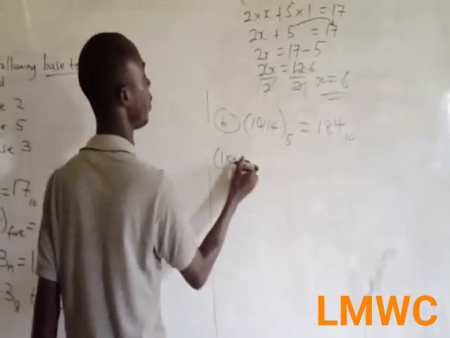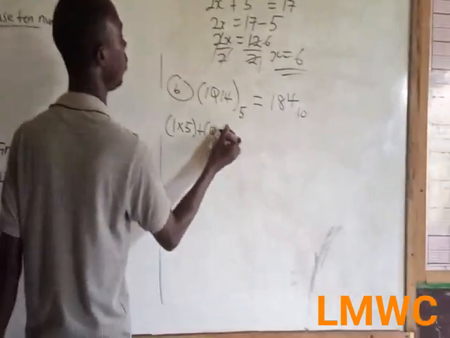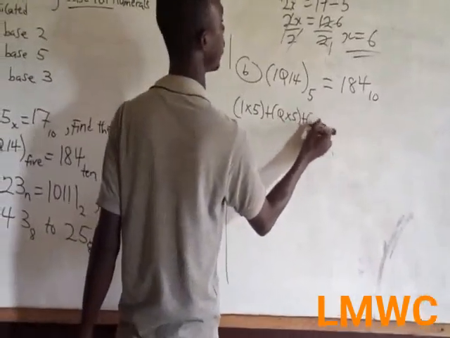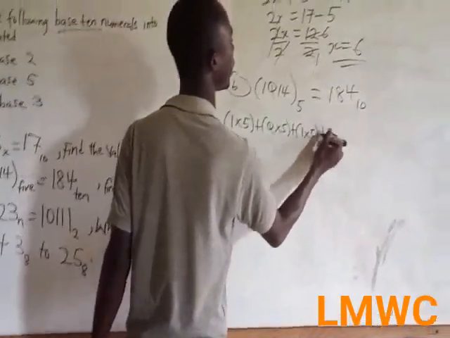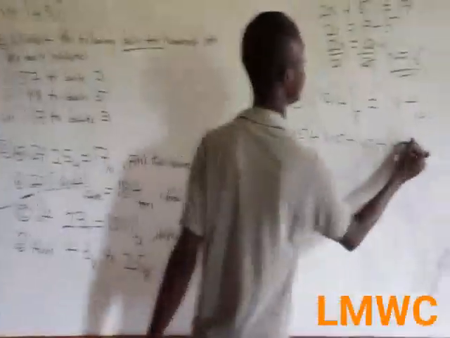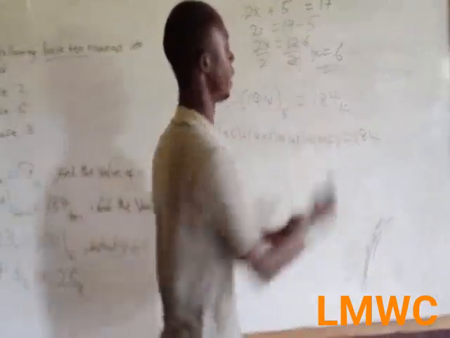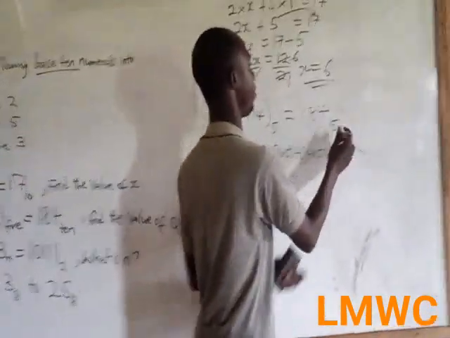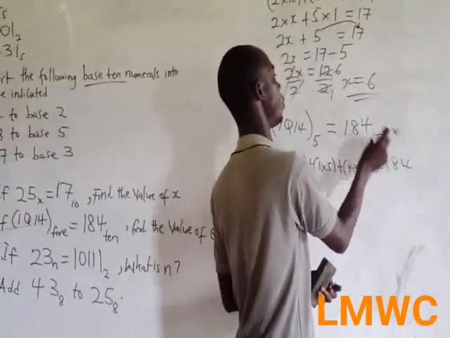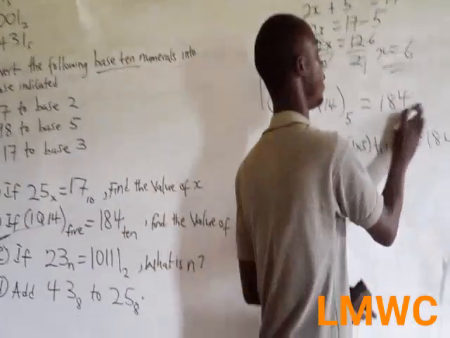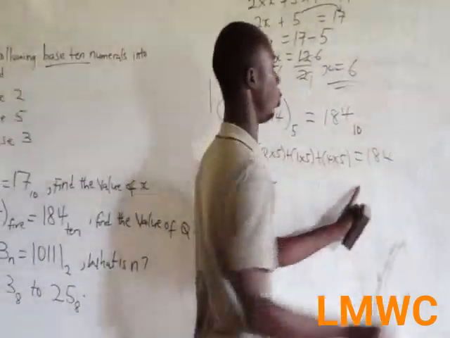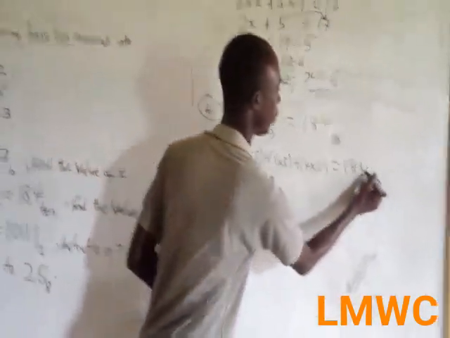So it's 1 times 5 plus q times 5 plus 1 times 5 plus 4 times 5 equal to 184. But if they gave you this as base 5, this means you multiply this one by this one by this one. You change this one to base 10. But this is already in base 10. So you write it this way.